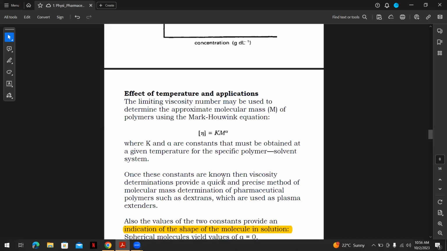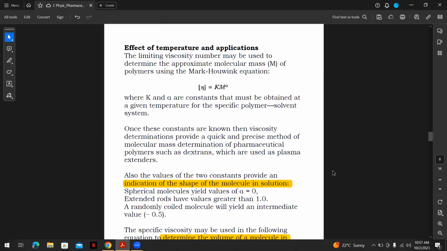Is everything okay? Any question? Once you know the value of K and A, it enables you to determine the molecular mass of pharmaceutical polymers such as dextrans.